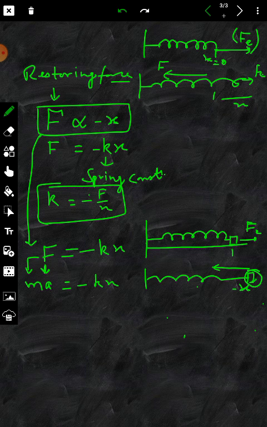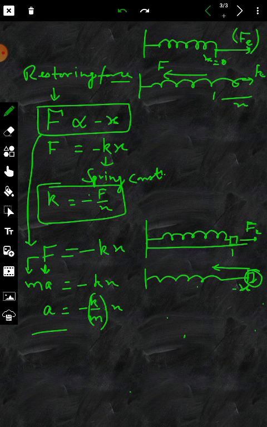So from here, the acceleration is minus k upon m, when m goes to the other side, into x. And here this ratio of k and m is the ratio of constants. k is the force constant for the spring, m is the mass of this object, again constant. So this ratio is nothing but a constant.